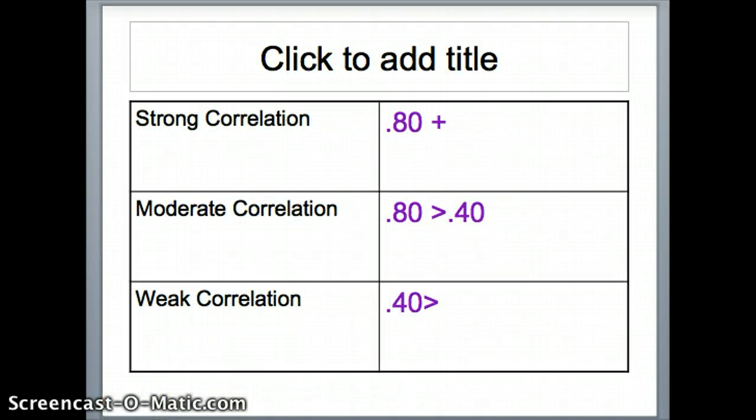A loose guideline is that in and around 0.80 and above is considered a strong correlation, between 0.40 and 0.80 is considered a moderate correlation, and below 0.40 would be verbally described as a weak correlation.